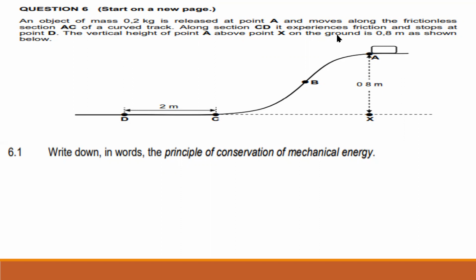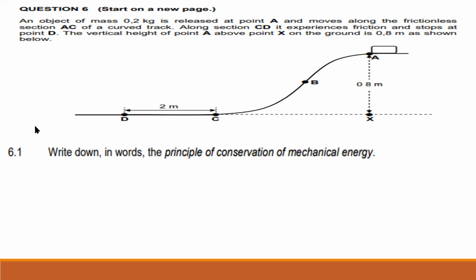Let's see now what they ask in this question. First position, point A, and then the object goes to B, speeds up, and then goes to C. From C, we have friction, and it slows down and stops at point D. First of all, this is the motion we have. Let's see what they ask. 6.1.